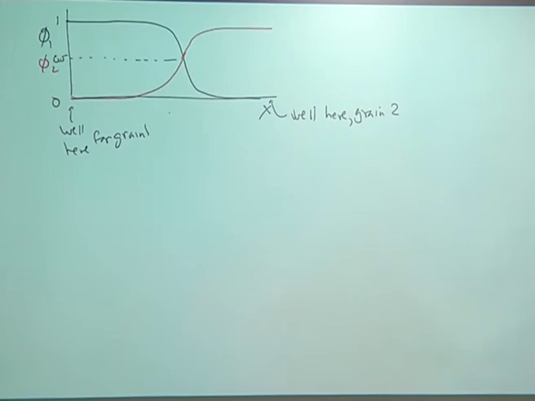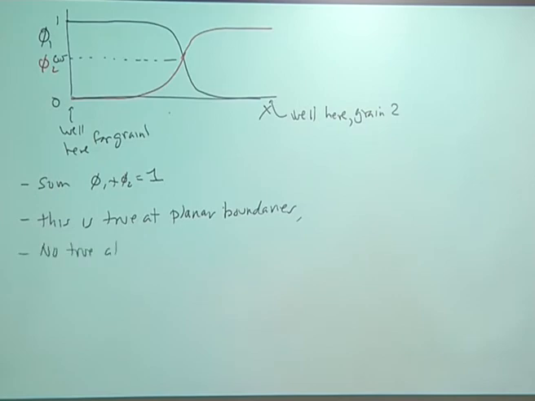And so basically the sum, phi 1 plus phi 2, is going to be equal to 1. So this sum is true at planar boundaries. It's not true at trijunctions.